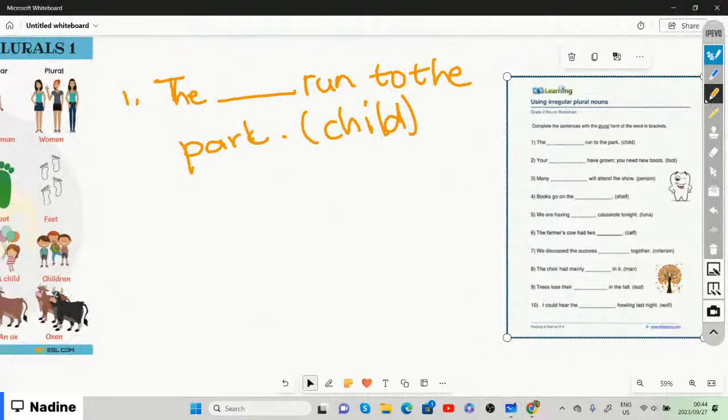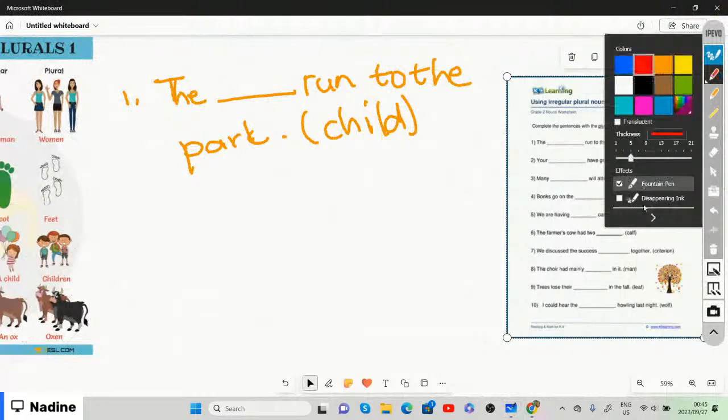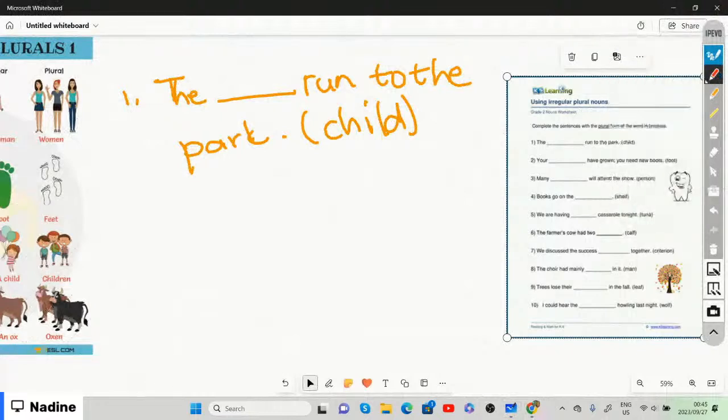So the word run. So which means that if we were to choose the correct one, we're going to say children, because children shows more than one.